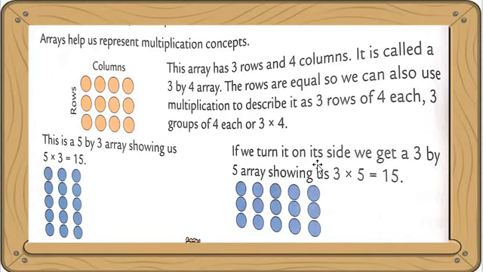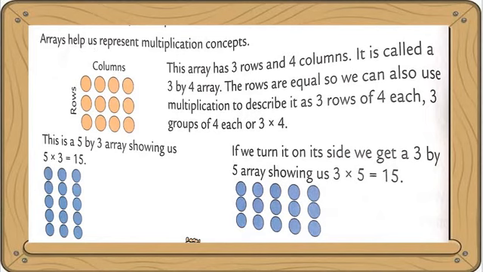Understood? So if we turn it on its side, we get a 3 by 5 array, with 5 circles on one side and 3 on the upper side. Upper side 3 and this side 5 is equal to 15. 3 5s are 15. 5 3s are 15. Understood? I hope you all understood.